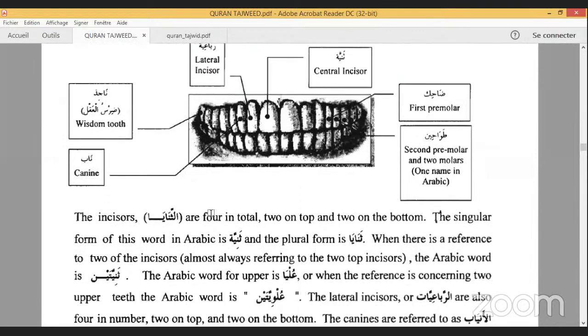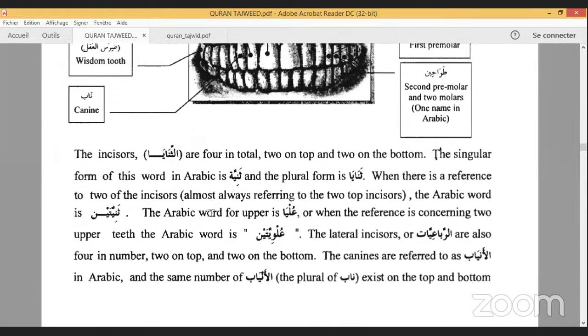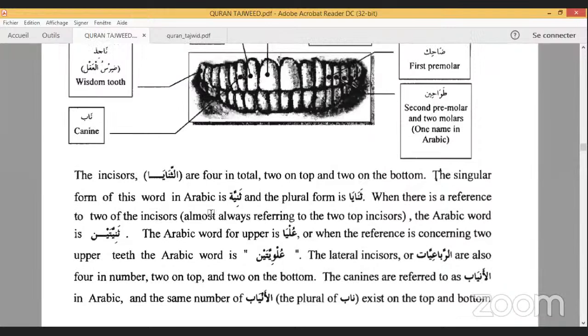Okay, brothers and sisters, the incisors ثنايا are 4 in total. So we have 4 incisors, 2 on the top and 2 on the bottom. Okay, اثنان في الأعلى اثنان في الأسفل.